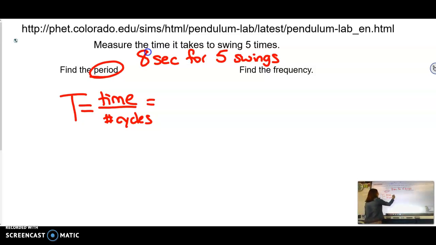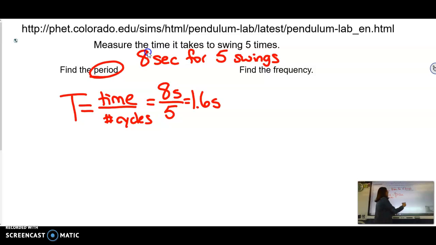So in this case, I would say it was 8 seconds for 5 cycles. So I would just divide 8 seconds divided by 5 cycles. That means it was 1.6 seconds per cycle. So it took about 1.6 seconds for it to go over and back.